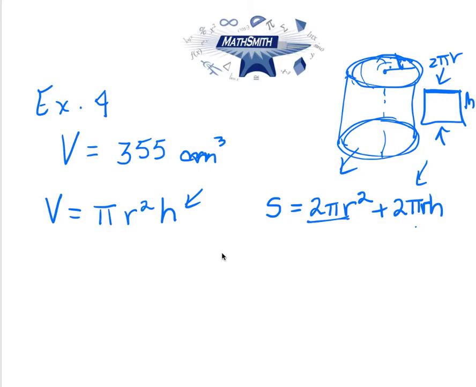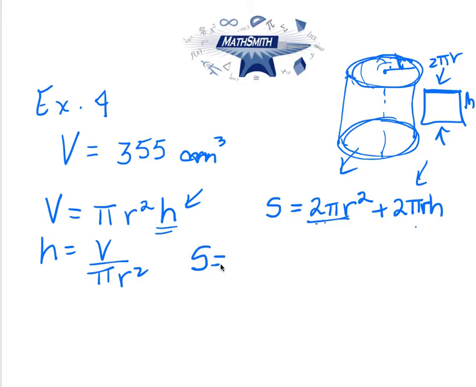All right, so they're saying the first thing we're going to do is solve for h, and then represent the surface area in terms of h as well. We're going to put that in. So if I solve for h here, h is going to end up equaling the volume divided by pi r squared. And now we're going to pop this h into the surface area formula.